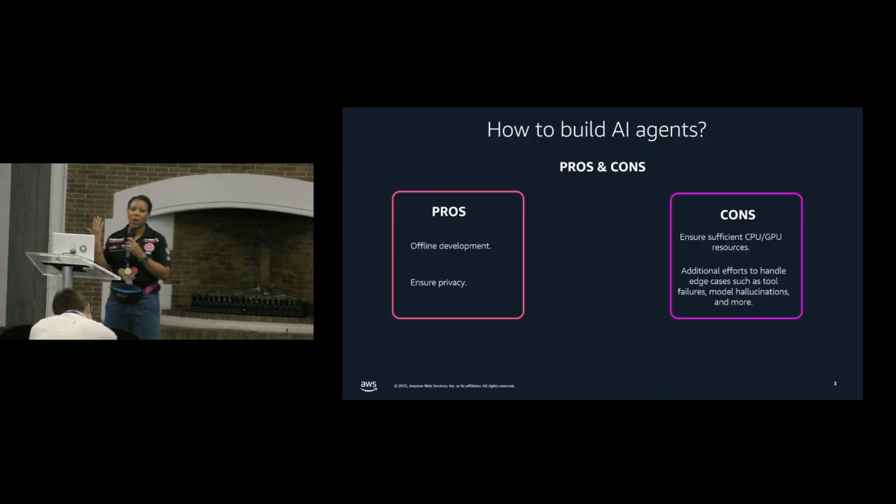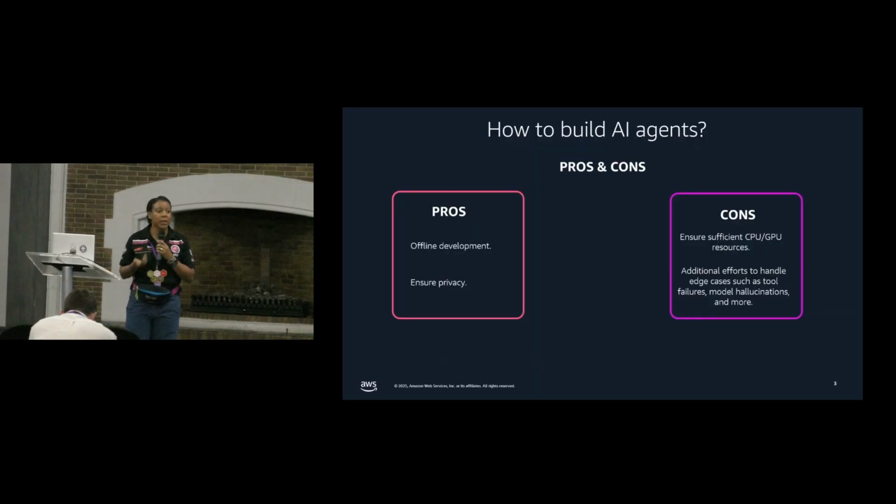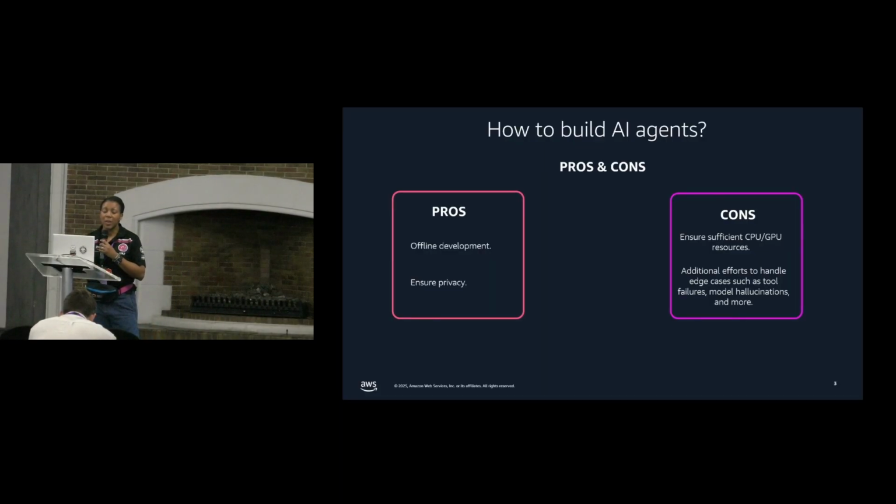Now you have to put in the time yourself to make sure that you mitigate against those. And that can take you time. Of course, I talked about the pros that you would get with that, in that you're now working in an offline environment, and folks do appreciate that sometimes. But it's really great for while you still are experimenting. Once you want to start scaling, it's not the great place for you to start. So that's you building locally.